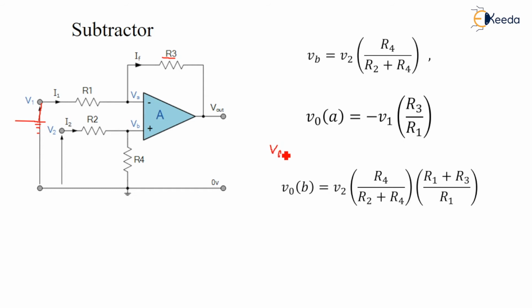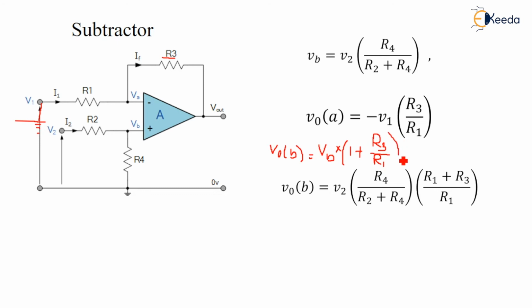So initially we will have VOB is equal to VB into the gain, which for non-inverting type is 1 plus RF, and here RF is given by R3, divided by R1.